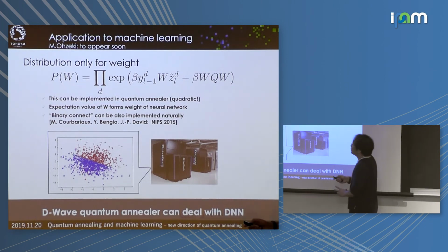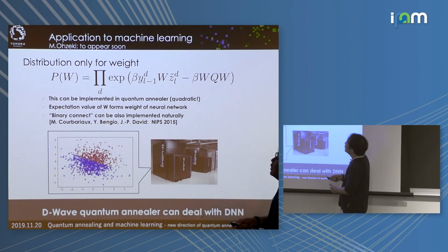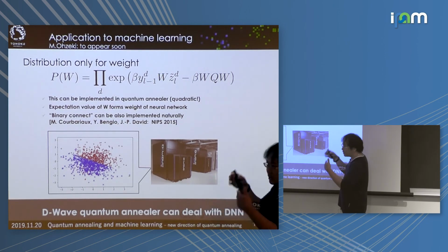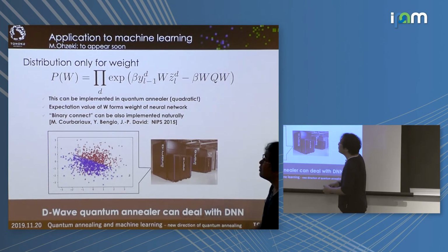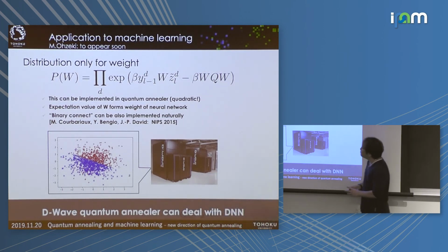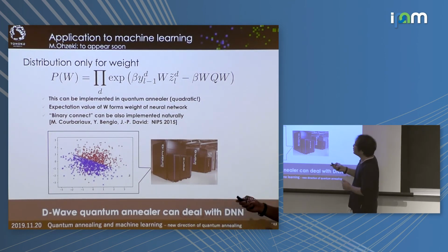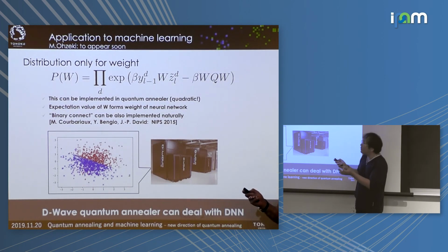Of course, we can use the expectation value of the W's. W is a binary variable, but if you use the expectation value of the W's, then W can imitate real values. But if you only focus on the binary representation of neural networks, these researchers proposed BinaryConnect, where the weights of the neural networks are binary variables.